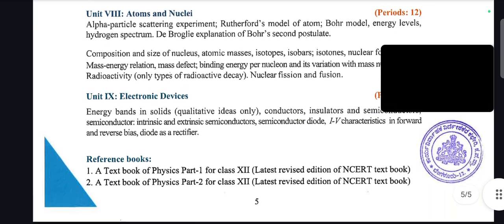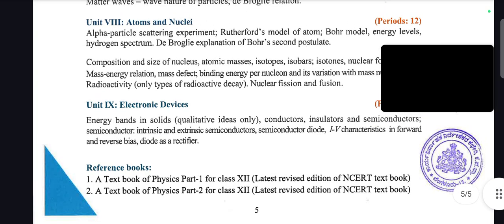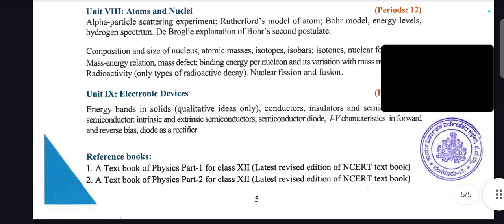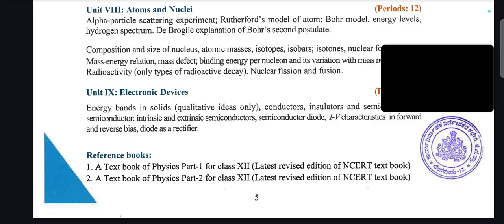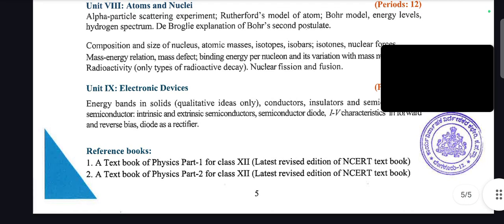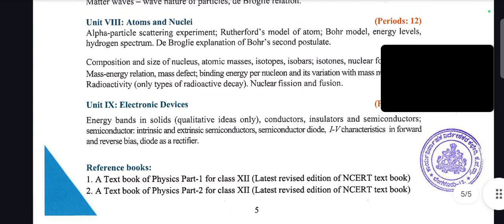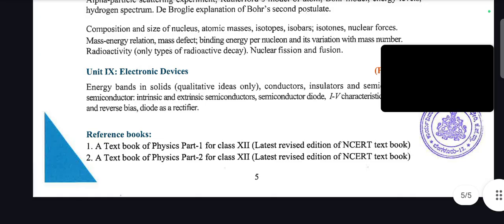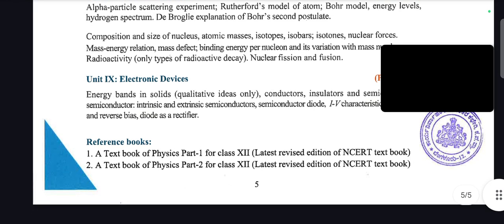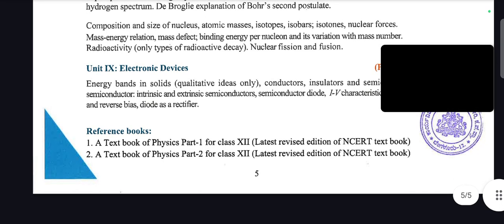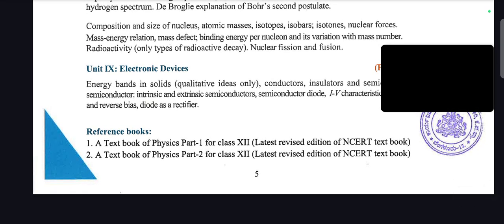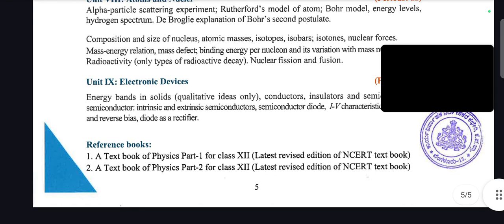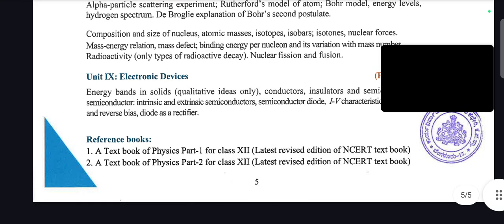Unit 8, Atoms and Nuclei: alpha particle scattering experiment, Rutherford's model of atom, Bohr's model, energy levels, hydrogen spectrum, de Broglie's explanation of Bohr's second postulate, composition and size of nucleus, atomic masses, isotopes, isobars, isotones, nuclear forces, mass energy relation, mass defect, binding energy per nucleon and its variation with mass number, radioactivity, nuclear fission and fusion.